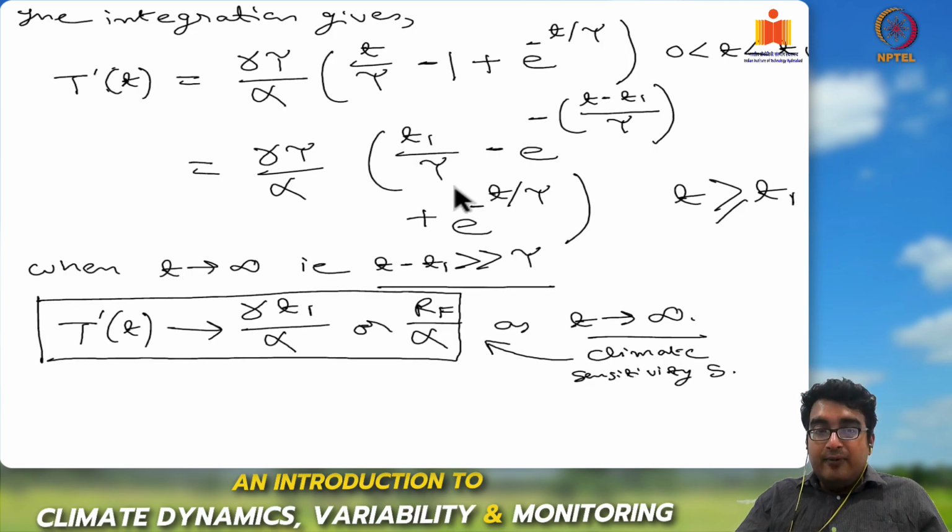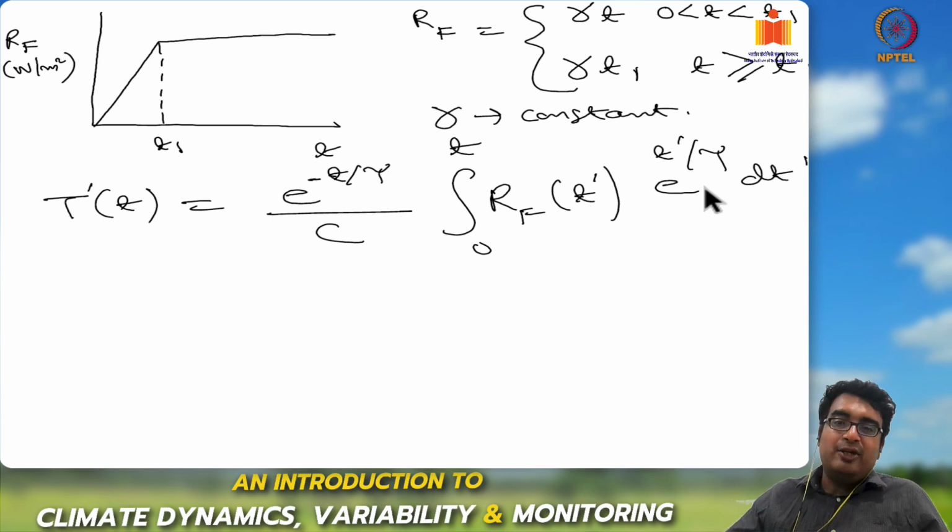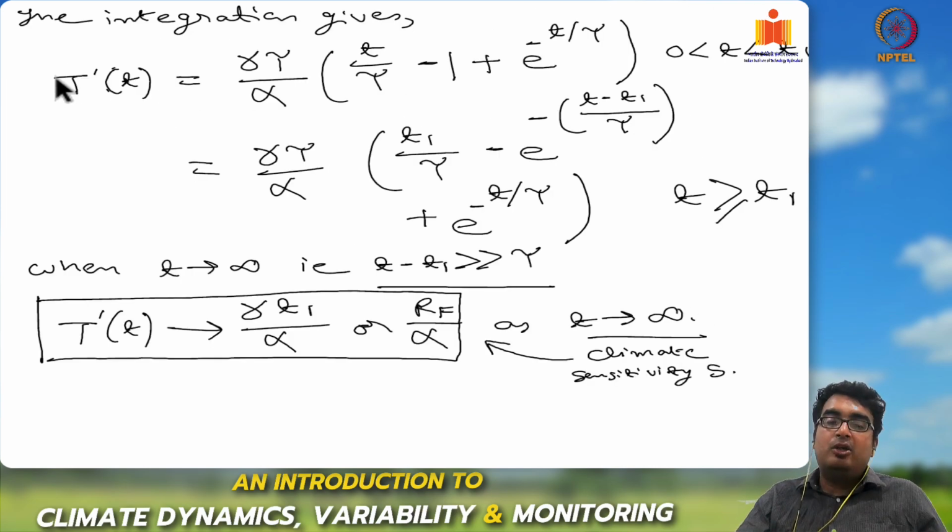Okay. So if we do that integration and then again do an integration by parts for the various components, the final expression of the temperature perturbation with time is gamma into tau by alpha. Remember, gamma is the slope of the radiative forcing term, tau is the relaxation time, alpha is the climate feedback parameter, times t by tau, which is our non-dimensional time, minus 1 plus e to the power minus t by tau. And this expression is between 0 to t1.